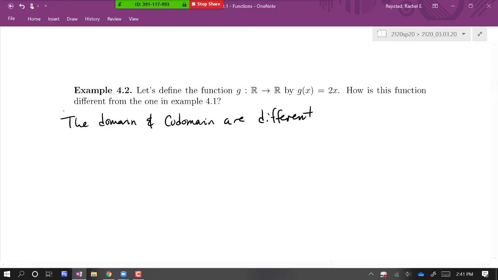So we'll just note that these functions do the same thing, and we would say that the function values, which are the same as the outputs, agree on the integers, because the integers are contained in the reals. So g also acts on the integers, but it acts on a bigger set. So the function values agree on the integers.